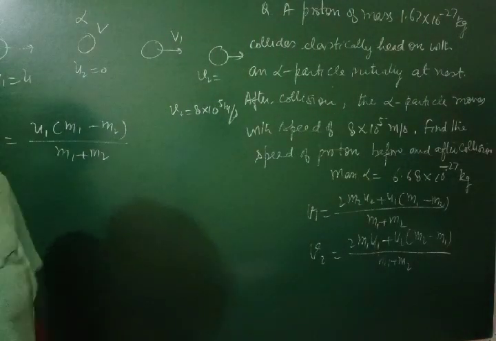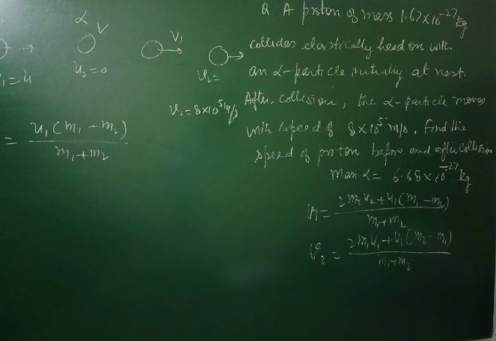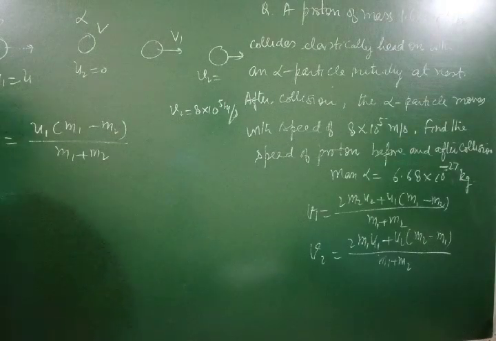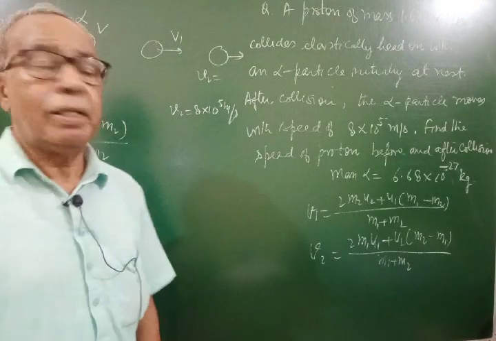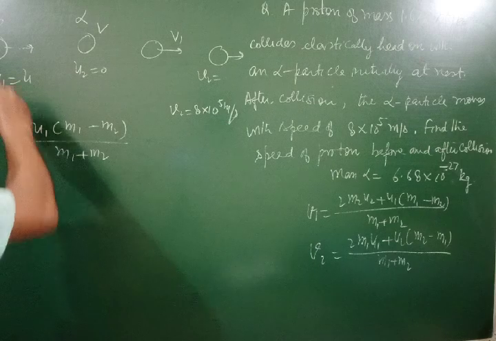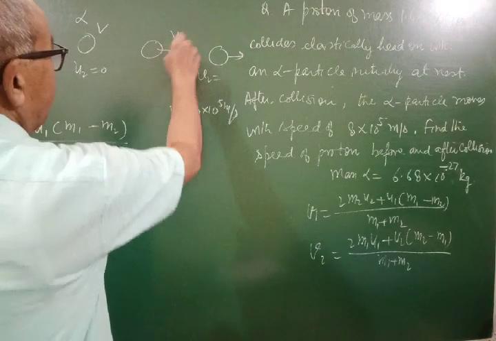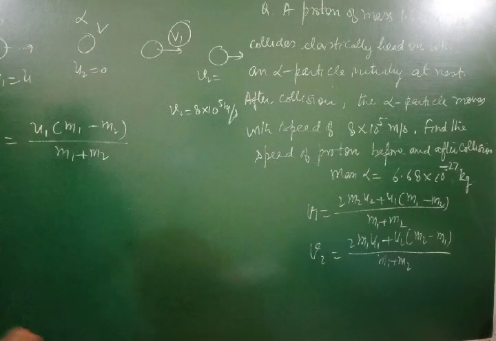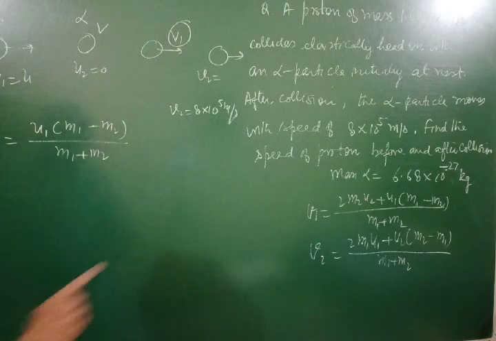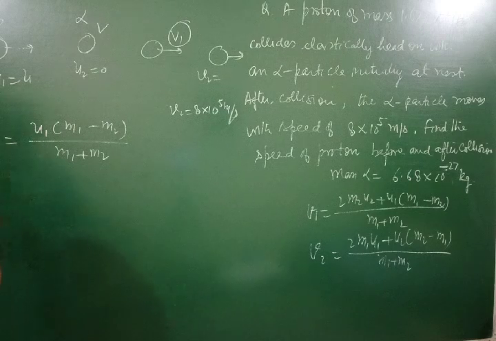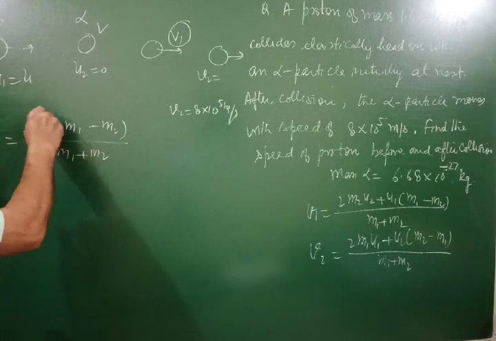So what we have to find out here is the velocity of the proton before collision and after collision, that is, u1 and v1. This v1 equation does not help because u1 also has to be determined.